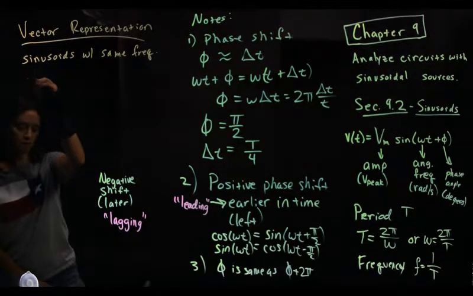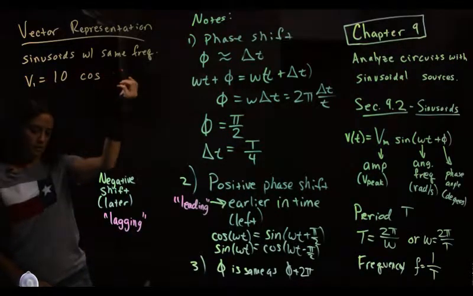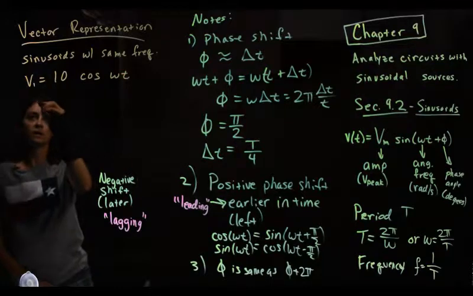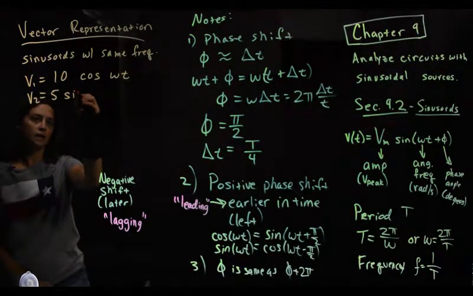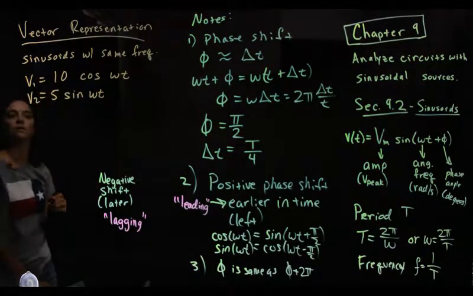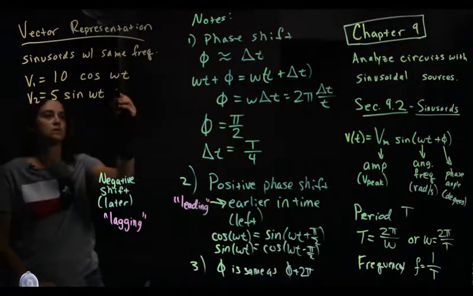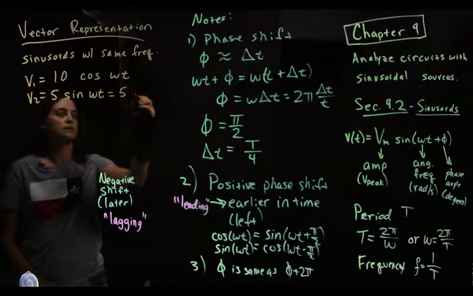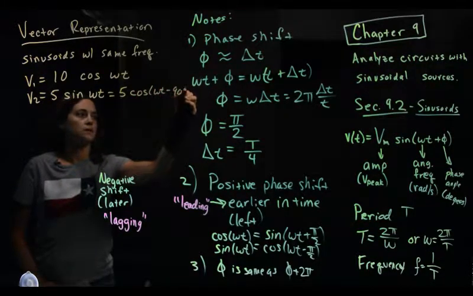So if I have some V1 that's 10 cosine of omega t, and a V2 that's 5 sine of omega t, well, I need them both to be in either sine or cosine, so I'm going to translate this one into cosine. So it's 5 cosine omega t minus 90 degrees.